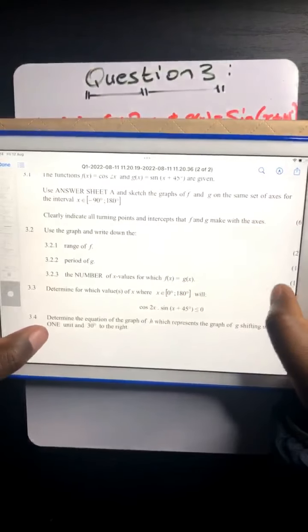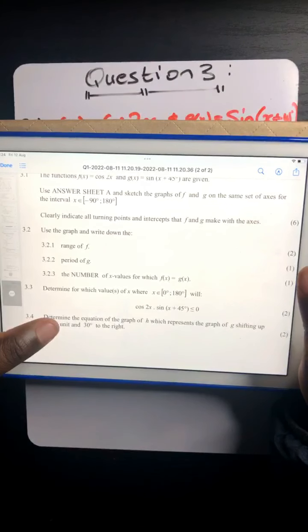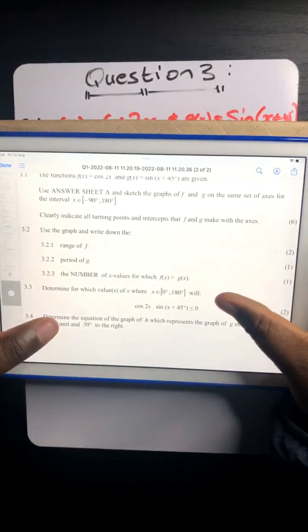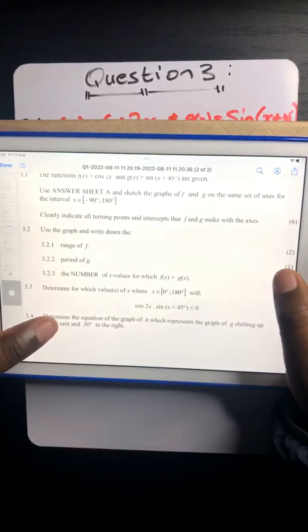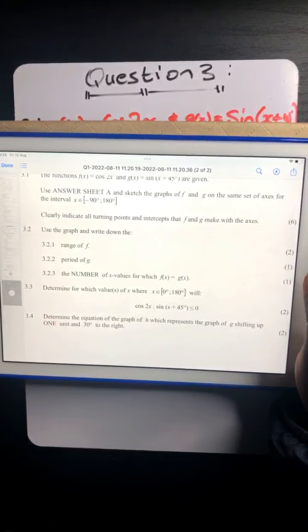What are they saying here? They say determine for which value or values of x, where x is an element of that, will cause 2x times sin of x plus 45 to be less than or equal to 0.